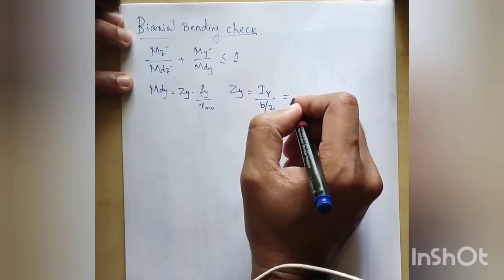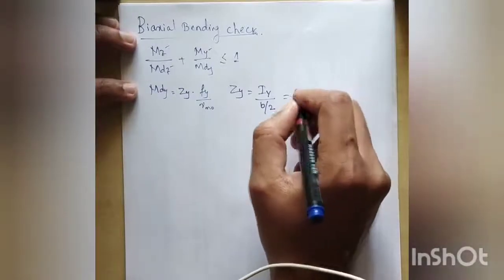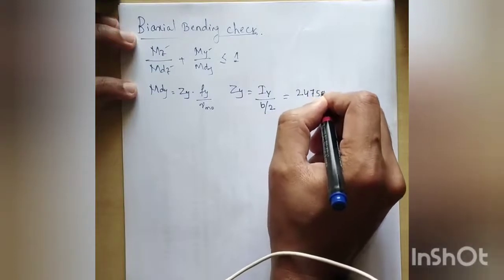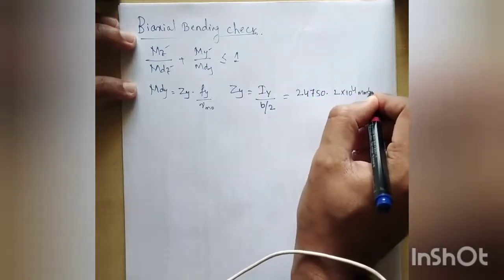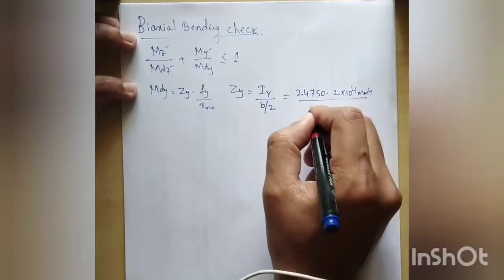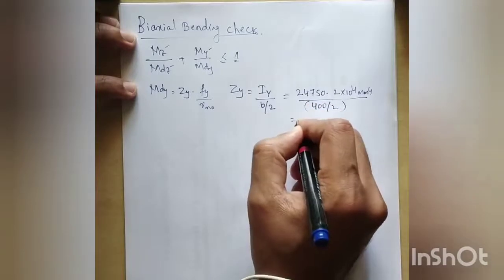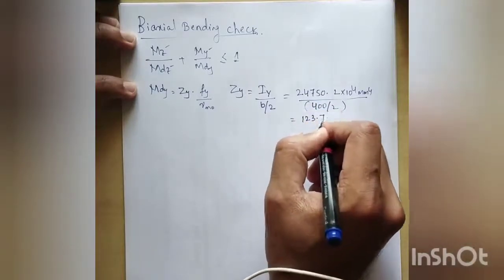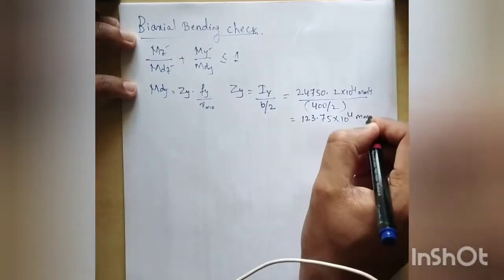Now referring to the steel table, your Iyy of the built-up section is 24750.2 into 10 to the power 4 mm to the power 4, divided by the total width, 200, divided by 2. So now Zy works out as 123.75 into 10 to the power 4 cubic mm.